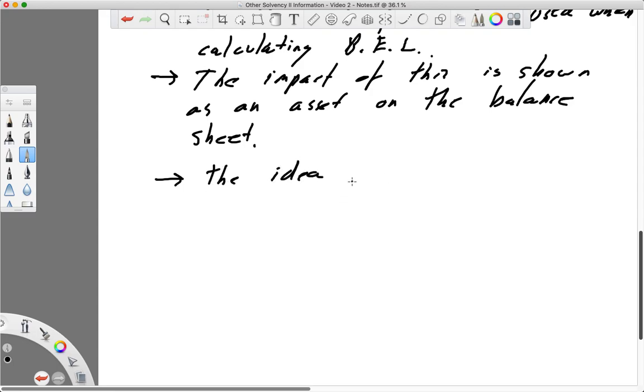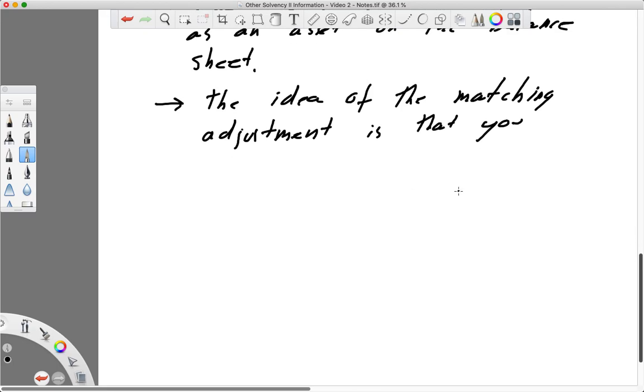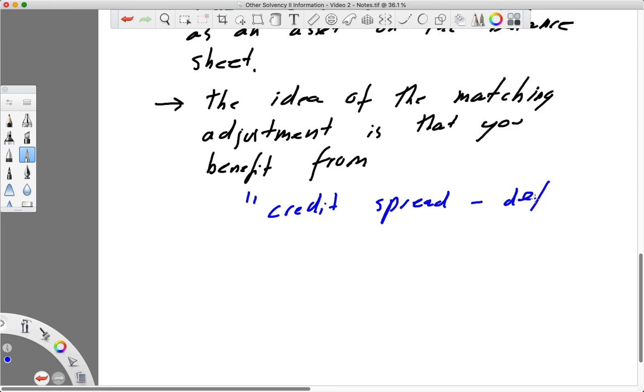The idea of the matching adjustment is that you benefit from credit spread minus default risk.